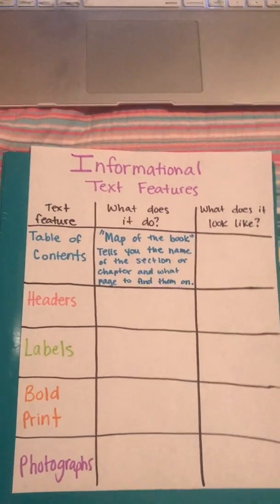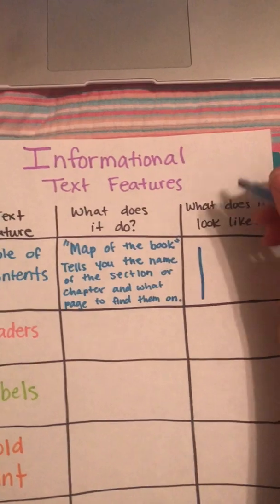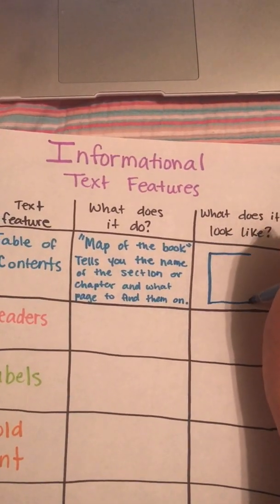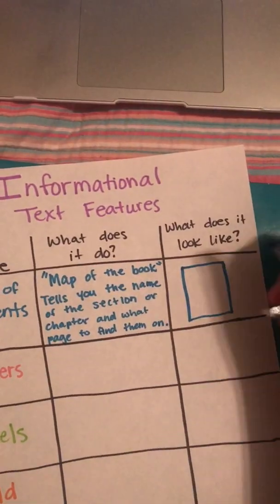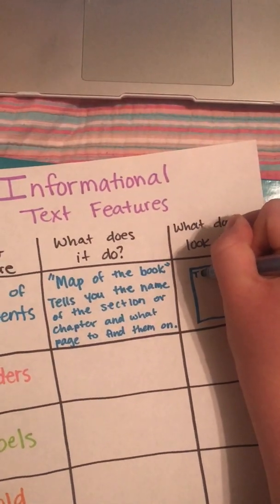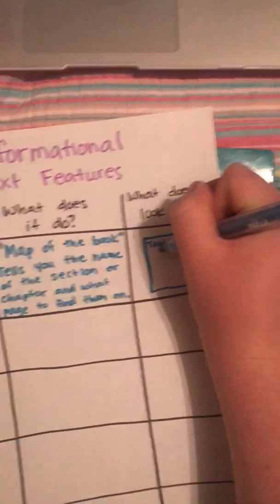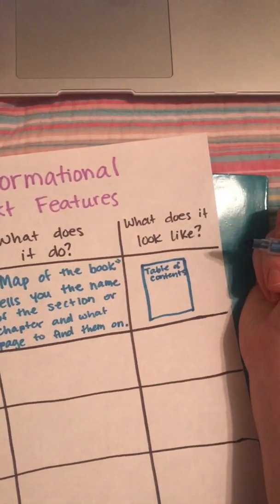And so what it looks like is, this is a page in the book. And it will say table of contents. And then it'll have a list.